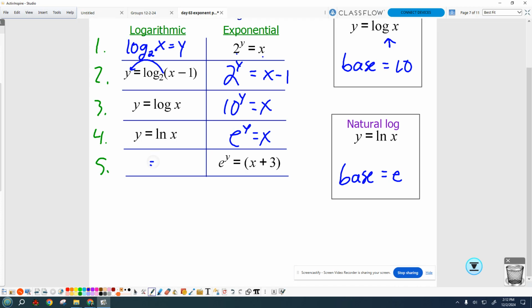Okay. Log y equals, and log base what? Base is the thing being raised to an exponent. So how do we write log base e in short, cool kid handwriting? It's not to the power, it's just down there, but yeah.